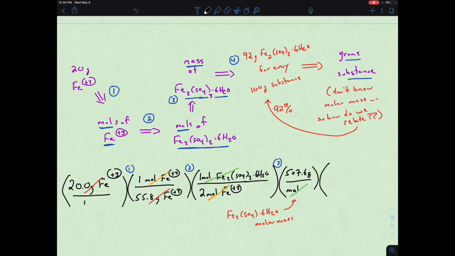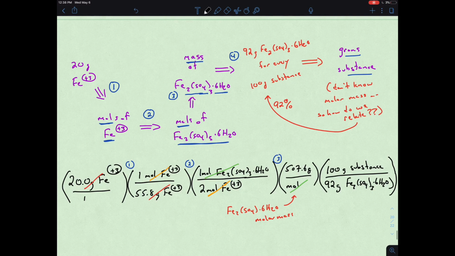And so that's why we got to be particular. We have 92 grams of this ferric sulfate hexahydrate per every 100 grams of the substance. So we're getting out of grams of our molecule here. Again, that's what we see in both cases as far as that molecule.